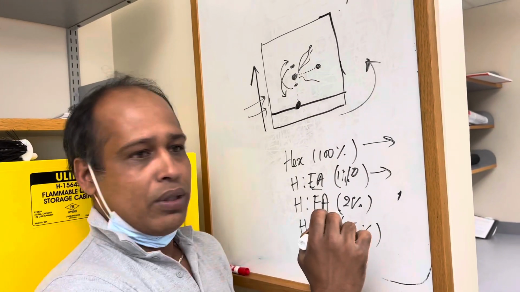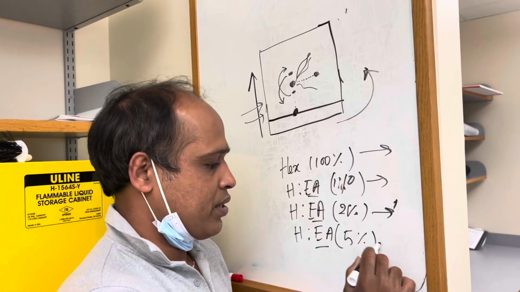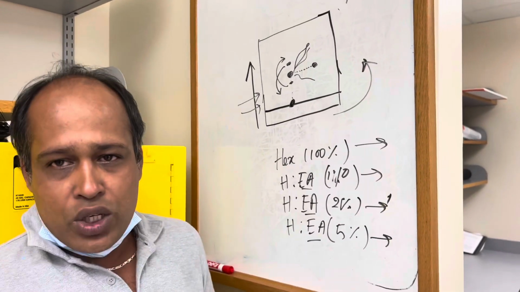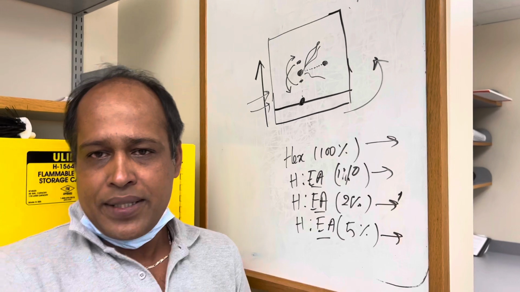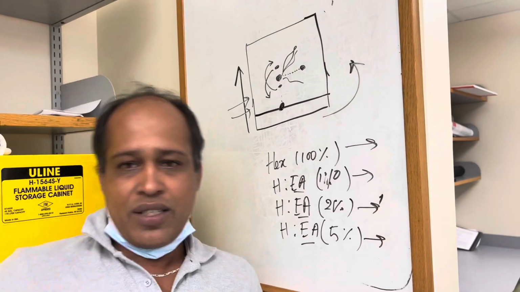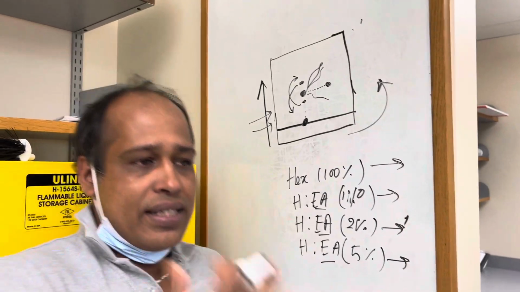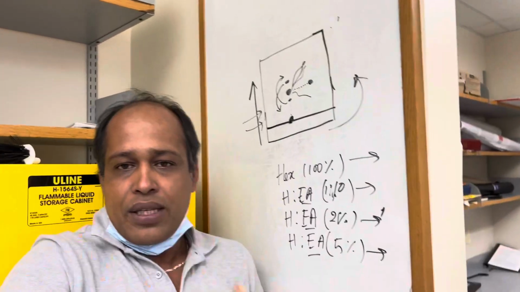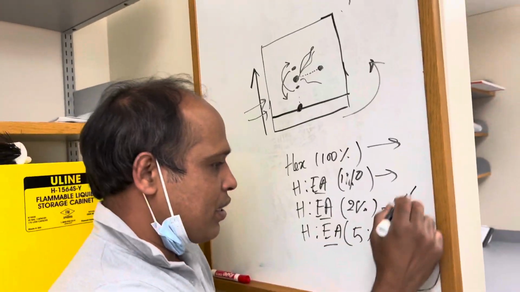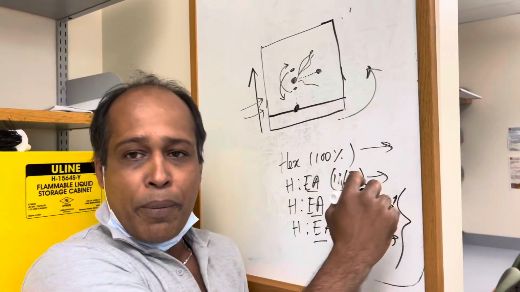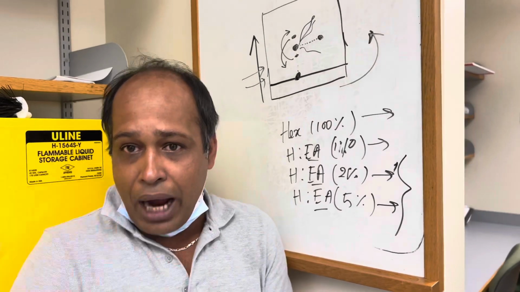Then do the same thing with 1%, 2%, and 5%. After 5%, do 8% or 10%, then 15%, then 20%. Run a couple of times. At least with the higher percentage, run 2-3 times, and with the lower percentage, run 4 or 5 times.